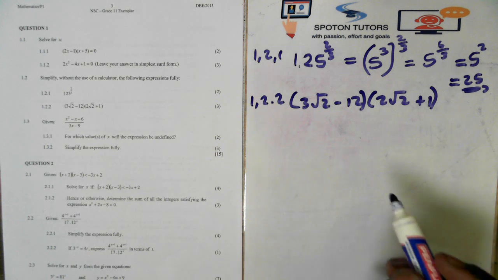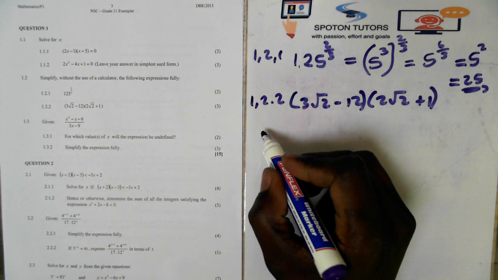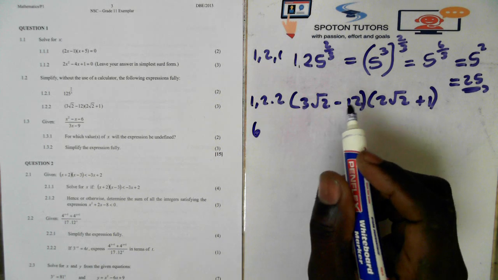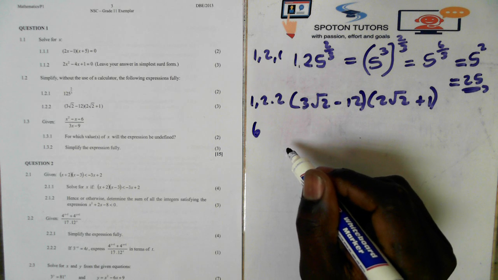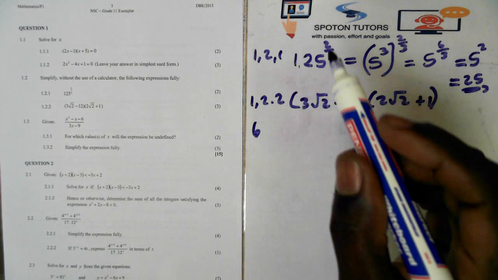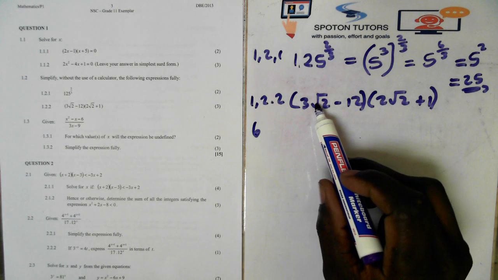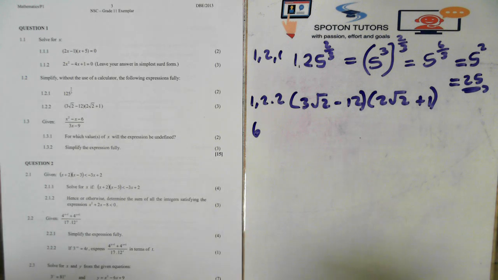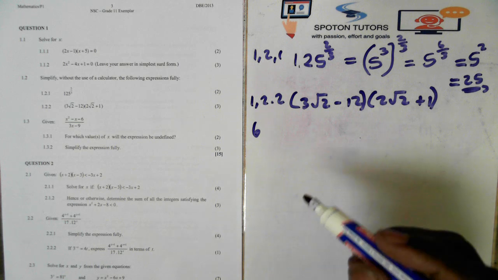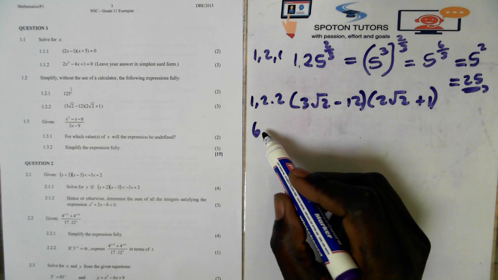So we can start by saying this times this, 3 times 2 is 6. Then what do you do next? Then you proceed by multiplying, ladies and gentlemen, a root 2 times a root 2. The square roots will cancel each other, which then leaves you with 2.